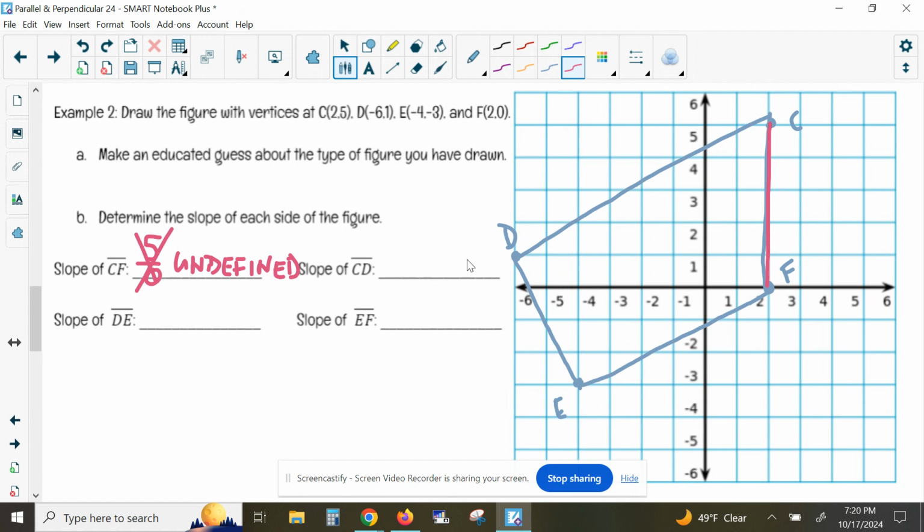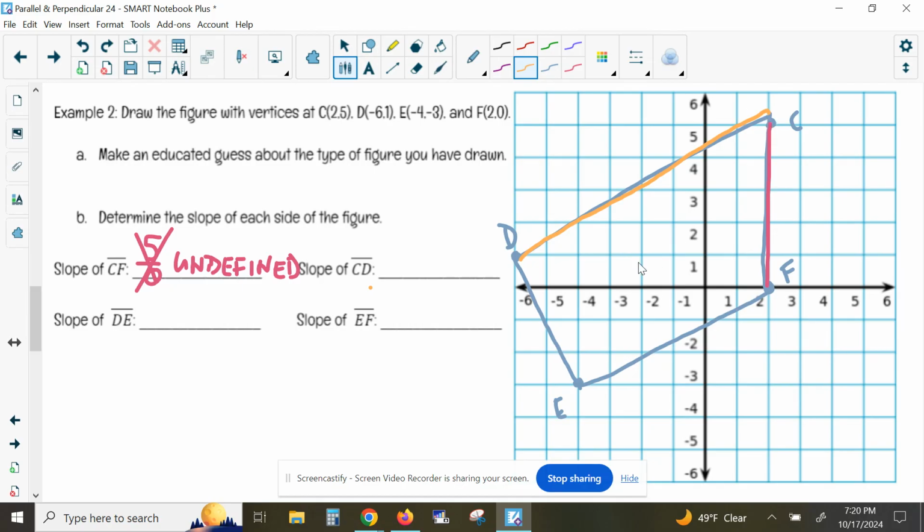Okay, so let's go find the slope of, I'm going to go across, CD next. So C to D. This is going to be orange. Color code your stuff so it's easy. Now I need slope, and remember that's going to be rise over run. So I'm going to start down at this D, count bubbles, rise 1, 2, 3, 4, and run 1, 2, 3, 4, 5, 6, 7, 8.